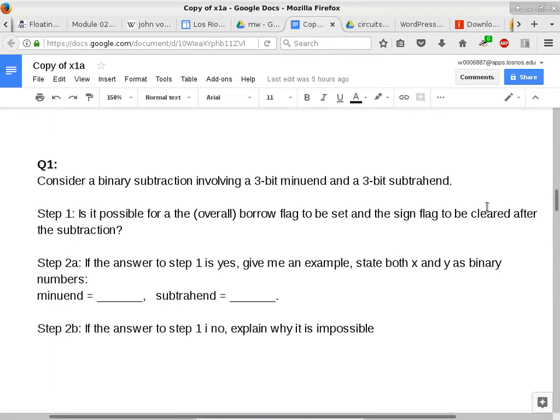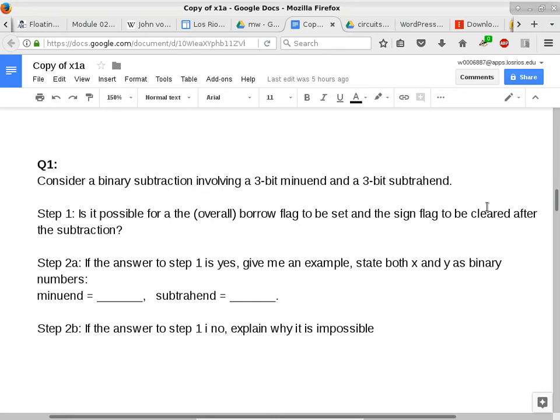Okay, so first question is about binary subtraction involving a 3-bit minuend and a 3-bit subtrahend. Step 1, is it possible for the overall borrow flag to be set and the sign flag to be cleared after the subtraction? Set means it is a 1, cleared means it is a 0.